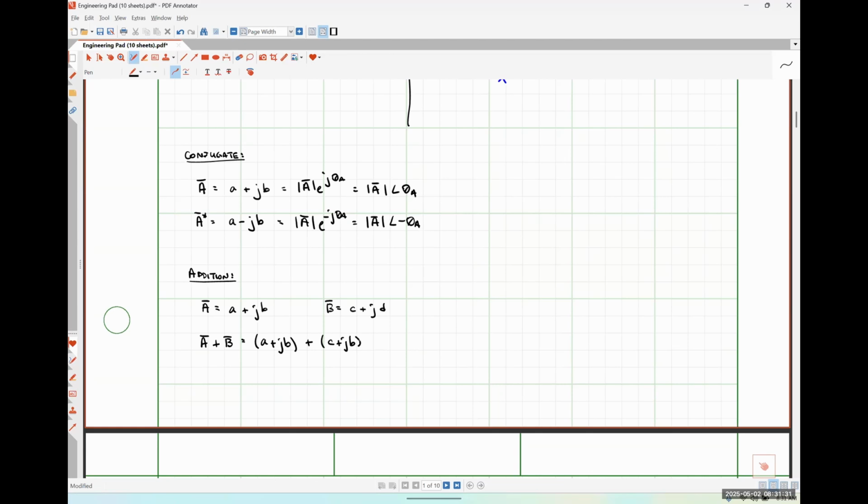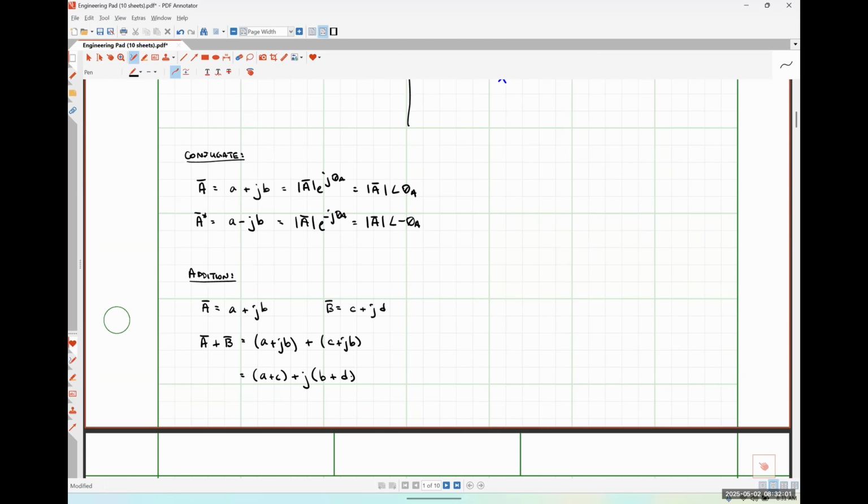And we're going to treat this exactly like we were adding two-dimensional vectors together, meaning that our x components, or the real parts, add, so that we would have a resultant real part of a plus c, and then our imaginary parts are going to add together. So we would have a resultant imaginary part of plus j, b plus d, like so.